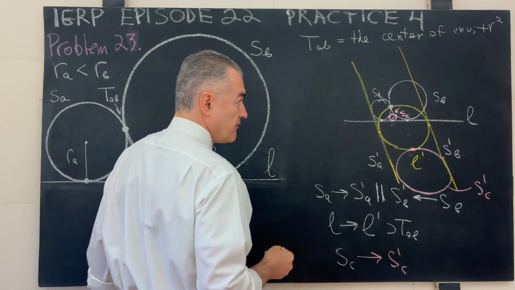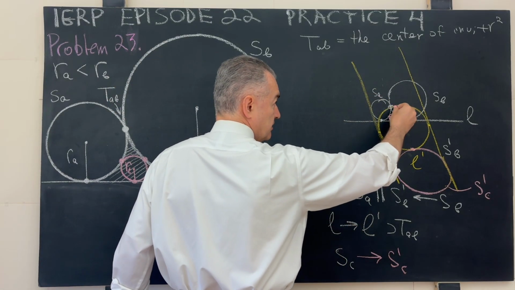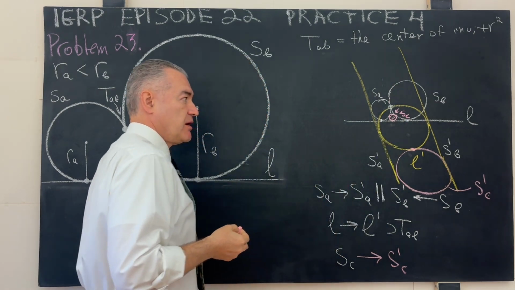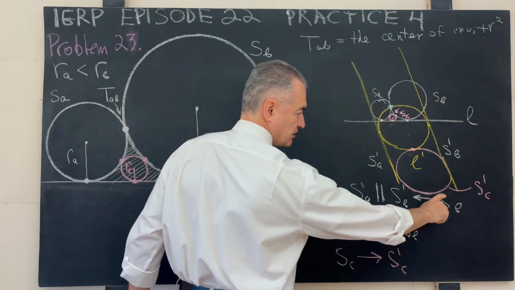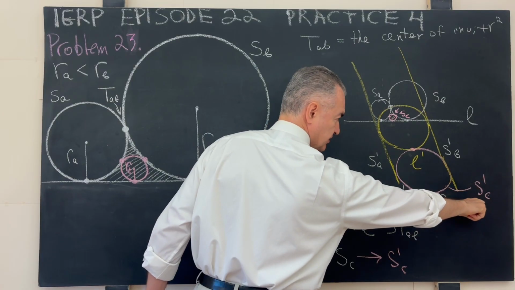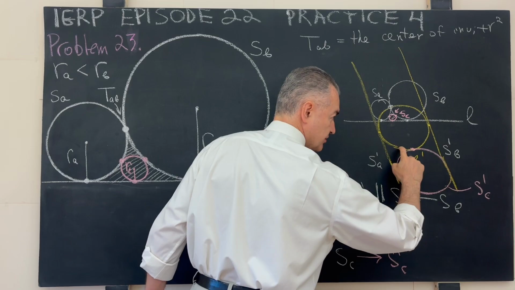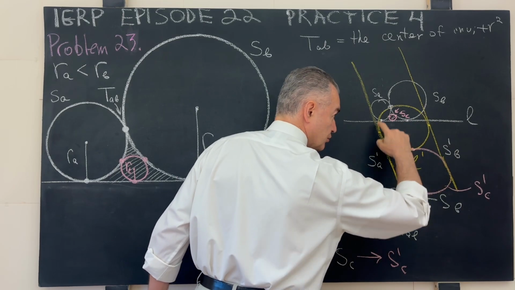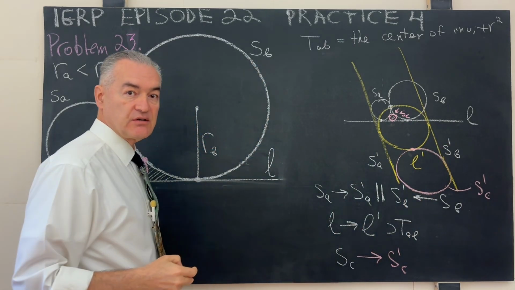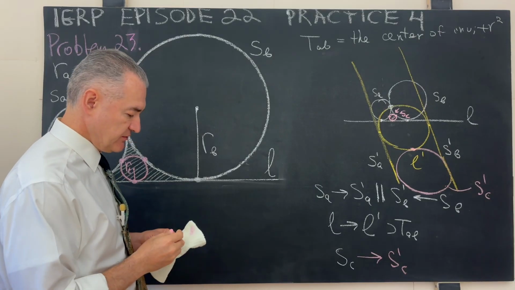We can frame the problem like this: how do we construct a circle S prime C that is tangent to two given straight lines and touches the circle that is also trapped between these two parallel straight lines? Well, that task is basically trivial.